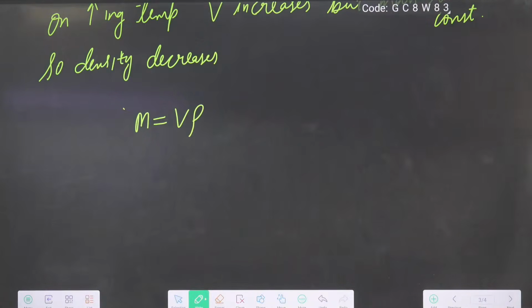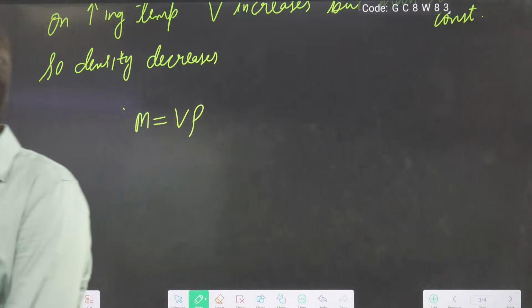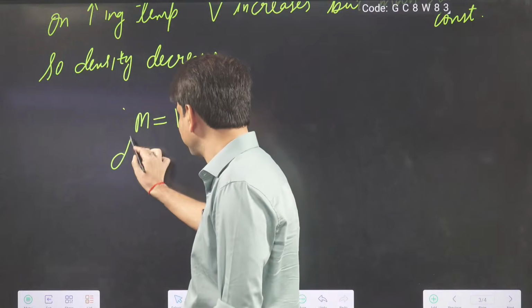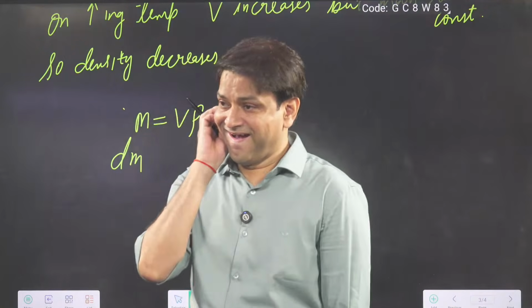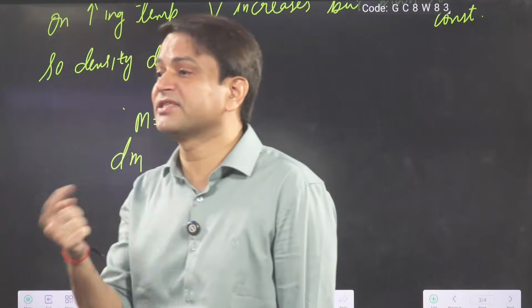What is the differentiation of m? Delta m. Very good. dm. But what is dm? It is 0. Why 0?